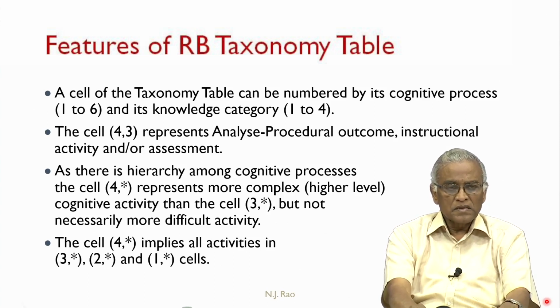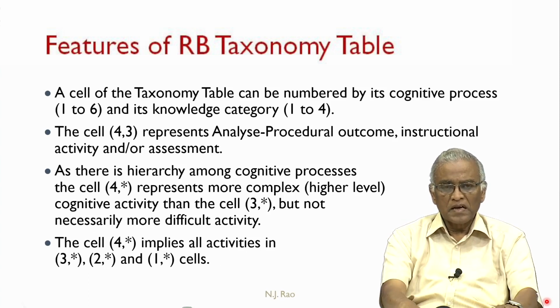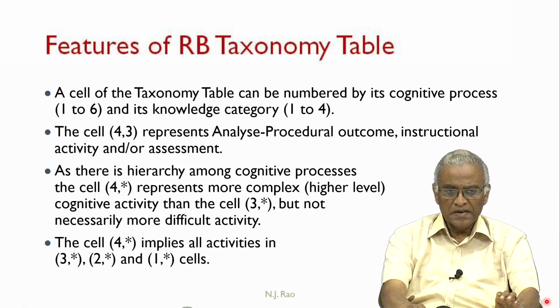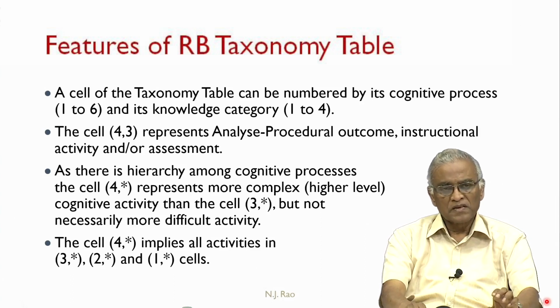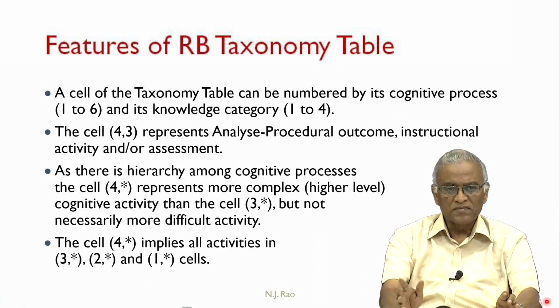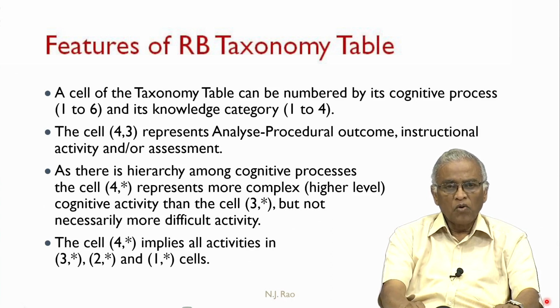And another thing is there is a hierarchy, as we acknowledge there is a hierarchy among the cognitive processes. So, all the cells representing the cognitive process analyze, that is 4, star, where you can put any of the knowledge elements, represent more complex or higher level cognitive activity than the cell 3, star, but not necessarily more difficult activity.